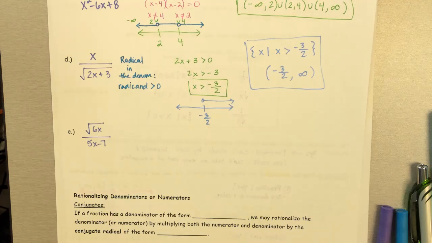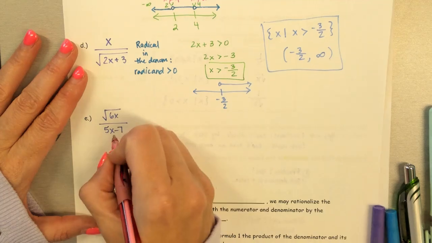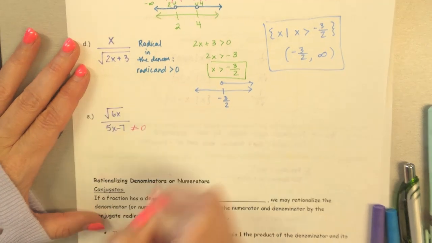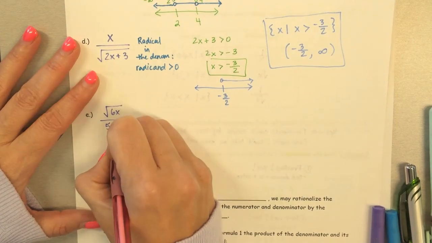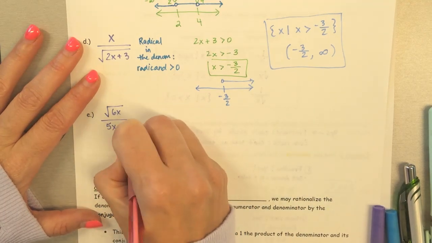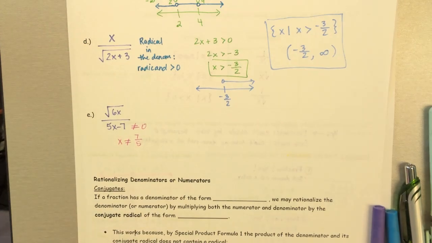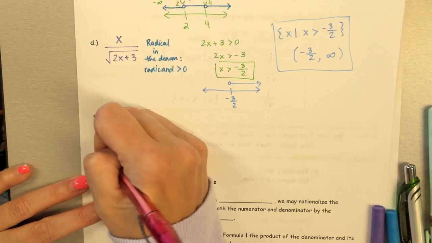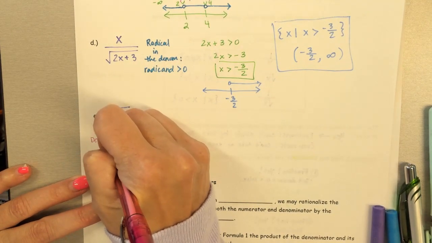So remember, when you have a fraction, we know the denominator can't be 0. So your work can be as simple as saying, okay, this can't be 0. So we're adding over the 7, we're dividing by 5. We know that x cannot be 7/5.